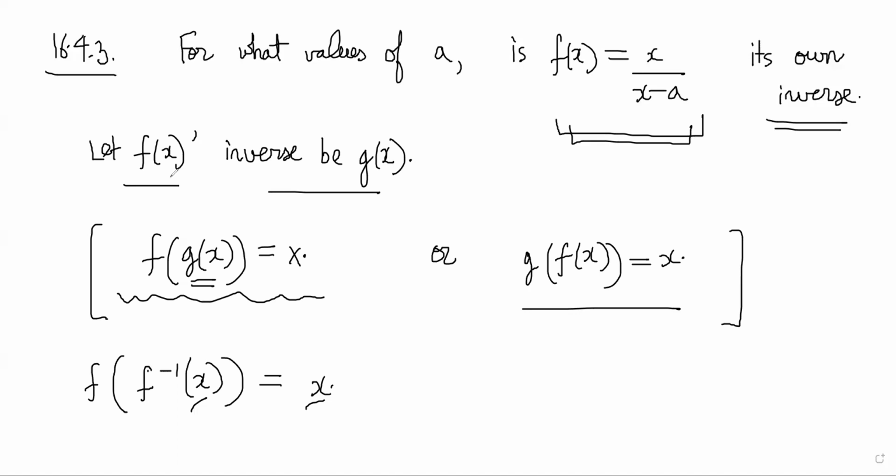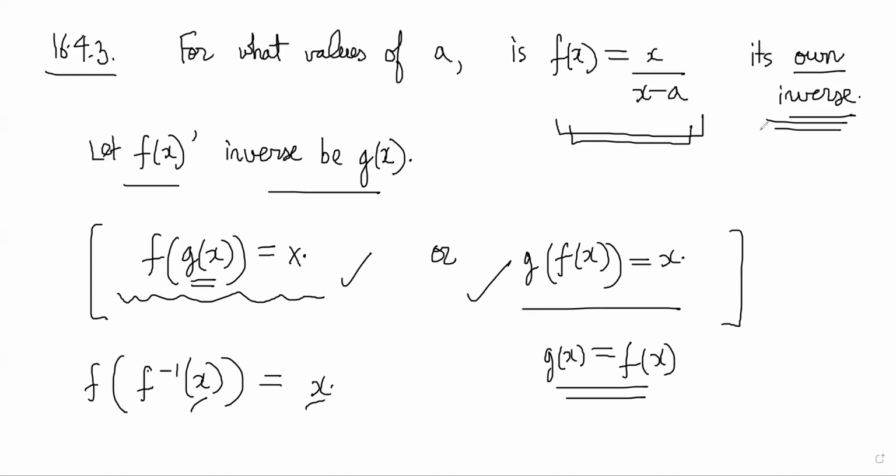So anytime you have function f and its inverse g, both are true. This is true and this is true. In this problem, the question is saying that g of x is actually the same as f of x, right? The inverse of the function is the same as the original function.